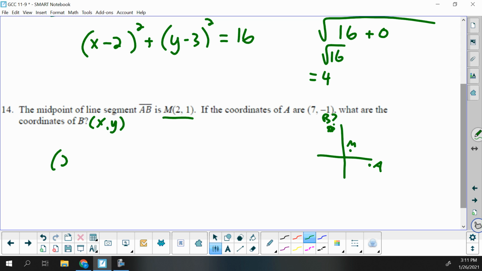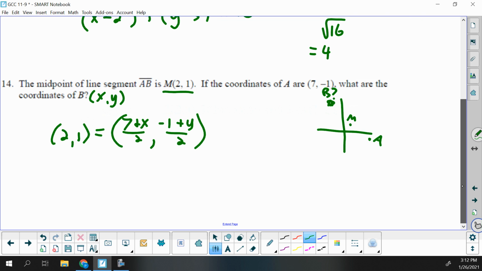So we know our midpoint, 2 comma 1, should equal 7 plus x over 2, because that's averaging the x's. Negative 1 plus y over 2. And then we're just going to set up two equations, one for the x part and one for the y part. So we'll do 2 equals 7 plus x over 2, and 1 equals negative 1 plus y over 2.